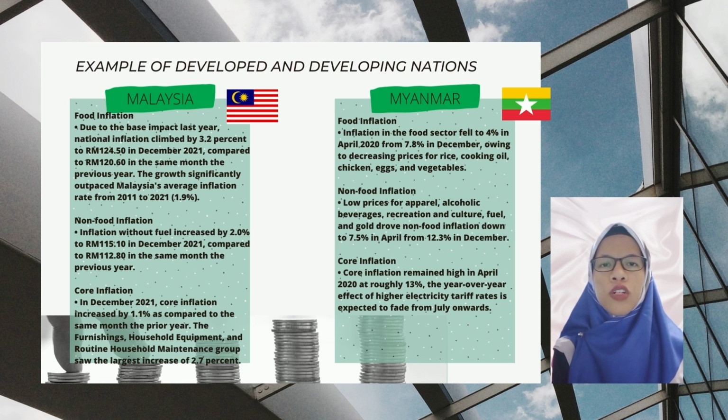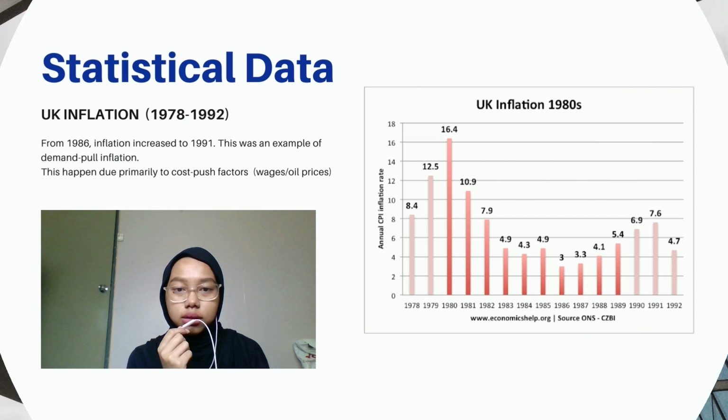The furnishings, household equipment, and routine household maintenance group saw the largest increase of 2.7%, while in Myanmar, core inflation remained high in April 2020 at roughly 13%. The year-over-year effect of higher electricity tariff rates is expected to fade from July onwards.